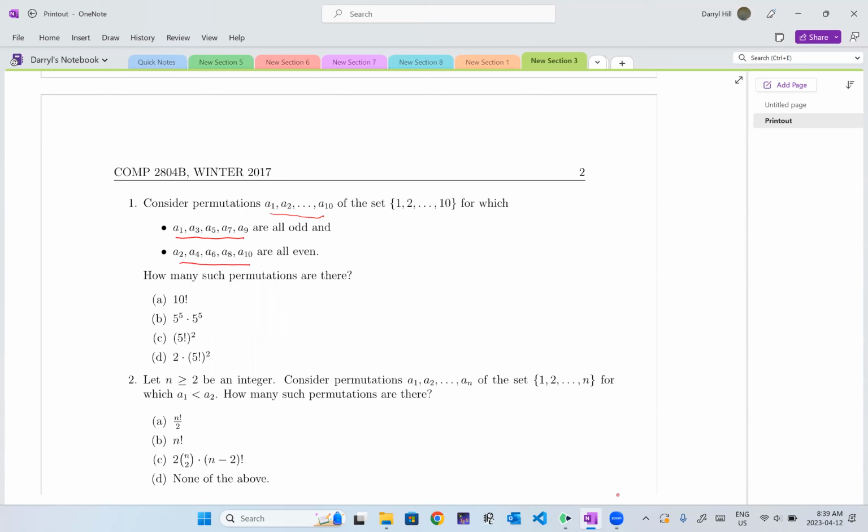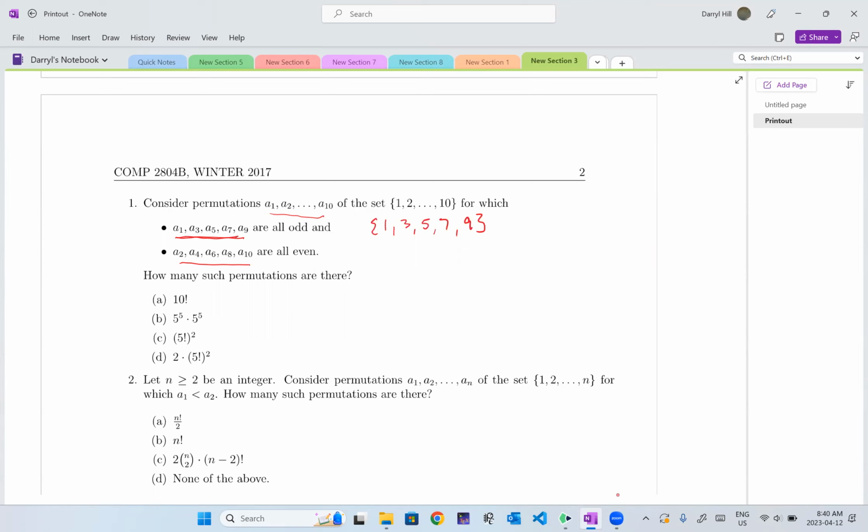Well, if I look at the subset of all odd numbers, there's 1, 3, 5, 7, 9, so there's 5 of them. And there's also 5 even numbers. So I have exactly 5 odd numbers and 5 positions to put them in. And I also have 5 even numbers and 5 positions to put them in.